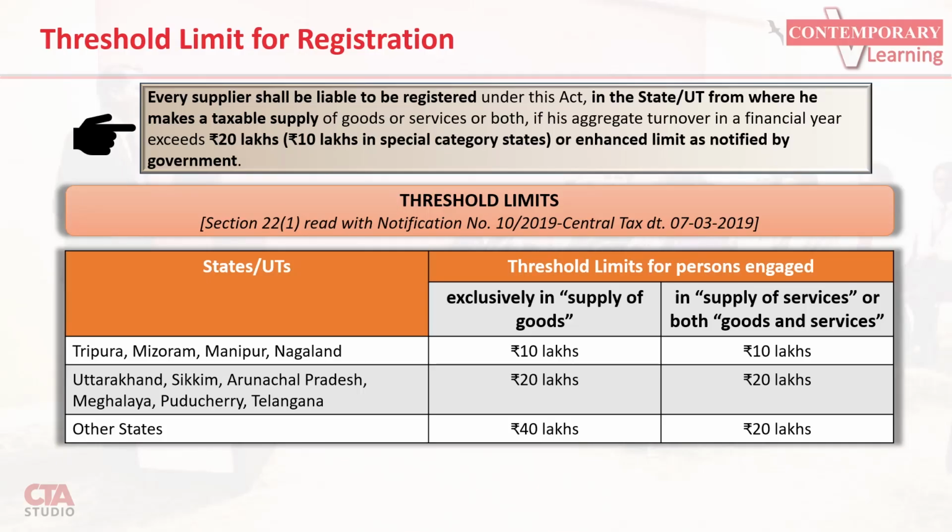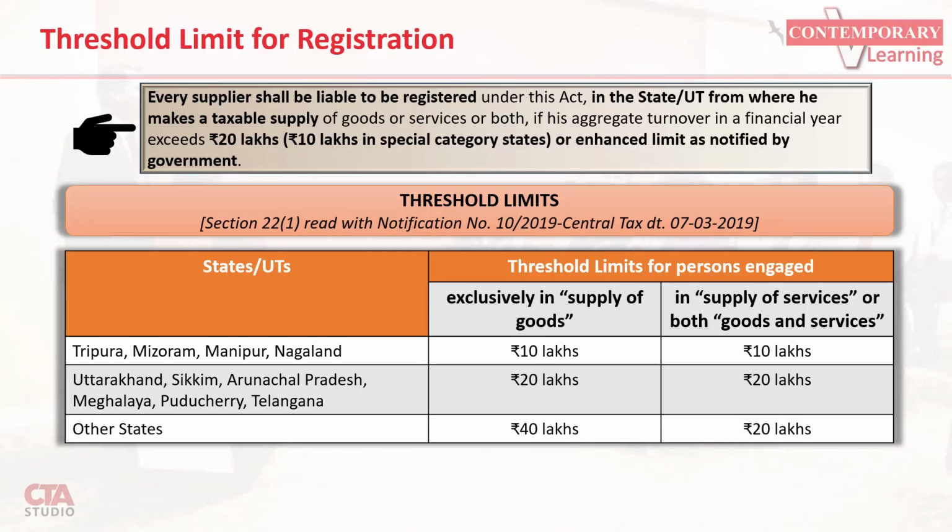For Tripura, Mizoram, Manipur and Nagaland, the threshold limit is 10 lakh rupees for both persons engaged exclusively in supply of goods and those engaged in supply of services or both goods and services. For Uttarakhand, Sikkim, Arunachal Pradesh, Meghalaya, Puducherry and Telangana, the threshold limit is 20 lakh rupees for both categories.